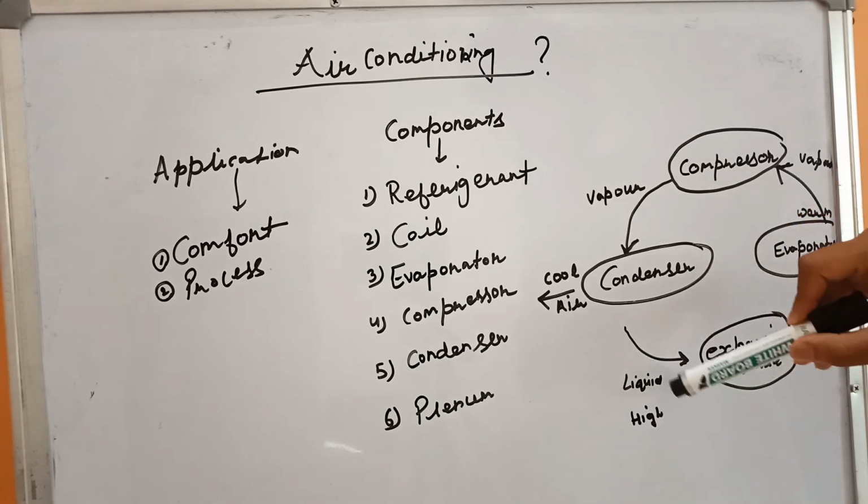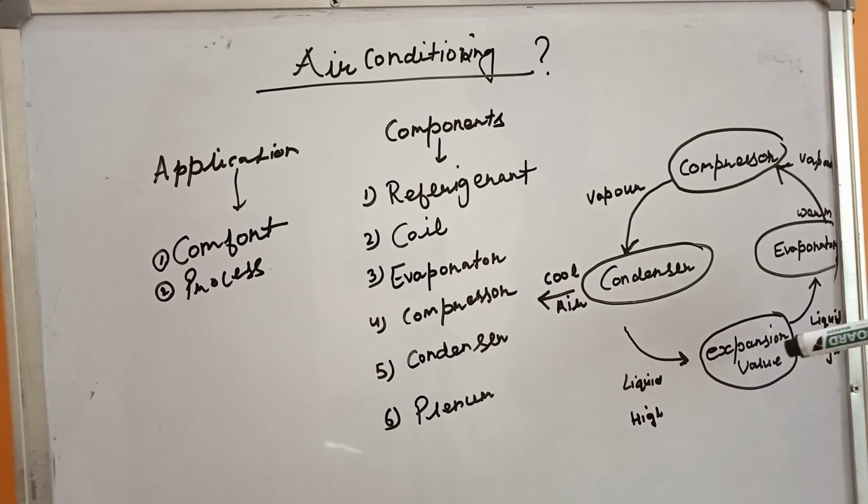Then this liquid refrigerant goes to the expansion valve, and from here it goes to the evaporator, and the cycle goes on. So we can understand air conditioning through these major parts: compressor, condenser, expansion valve, evaporator, to understand the basic cycle in air conditioning.